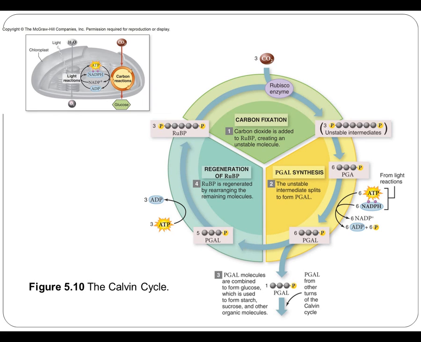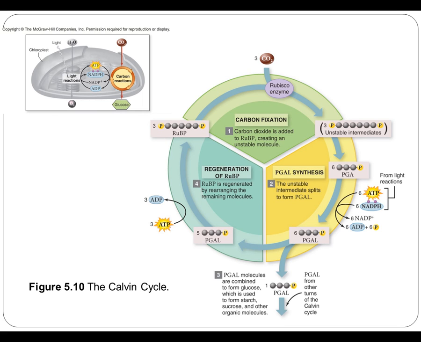Photosystem 2, which actually happened first. Very good. All right, so ATP from photosystem 2 is added, along with NADPH, which actually came from photosystem 1, which happened last. Okay?